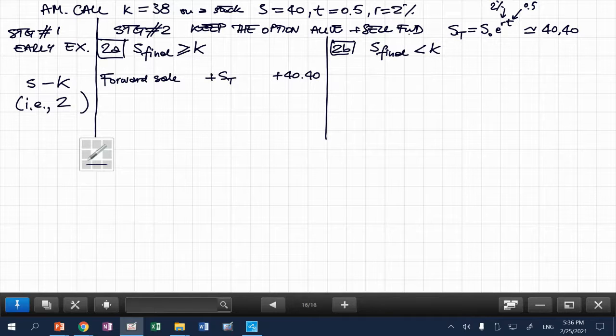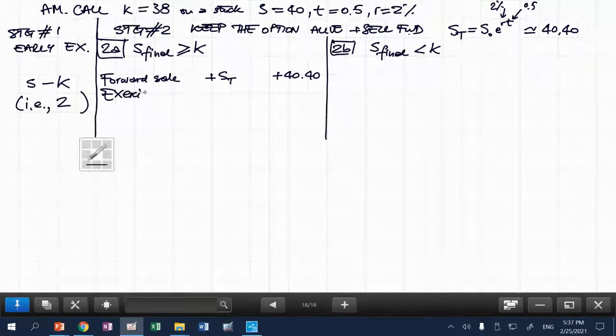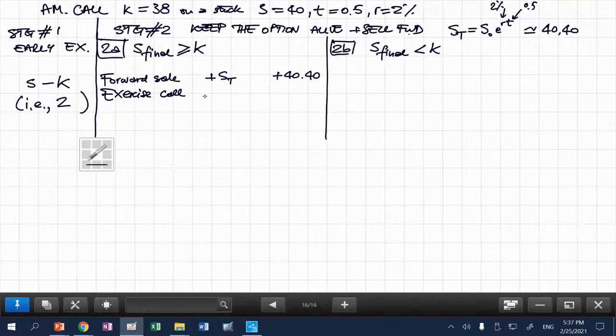In this case, would I exercise the call or would I buy the stock on the market? If the final price is greater than 38, say it's 41, do you buy the stock at 41 or do you exercise the call and pay 38? It's pretty clear. Here we exercise the call option, okay? So the second part is that we exercise the call, so we pay K. In numbers, we pay 38, okay? So the result here is ST minus K, or in the numerical example, 2.40.